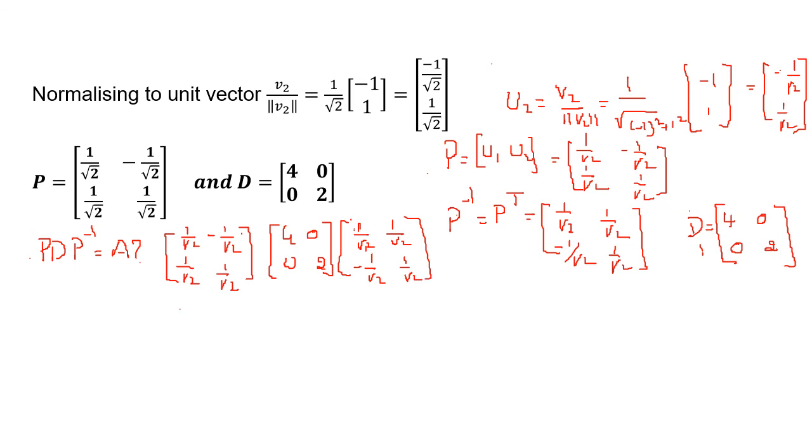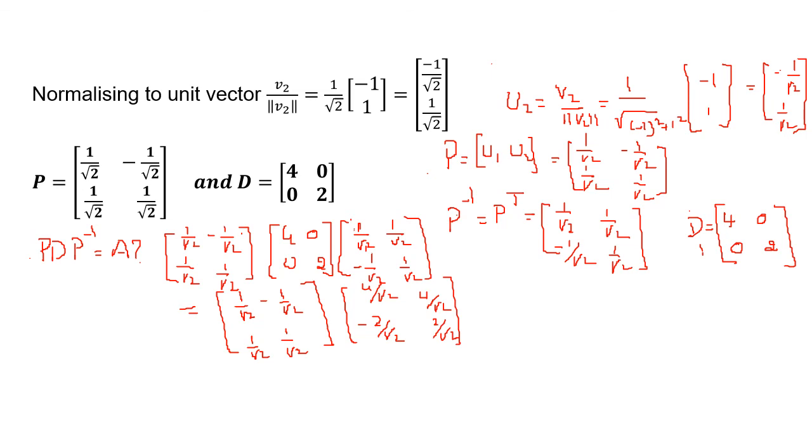When I multiply further, I get [1 by root 2, minus 1 by root 2; 1 by root 2, 1 by root 2] multiplied by [4 by root 2, 4 by root 2; minus 2 by root 2, plus 2 by root 2].